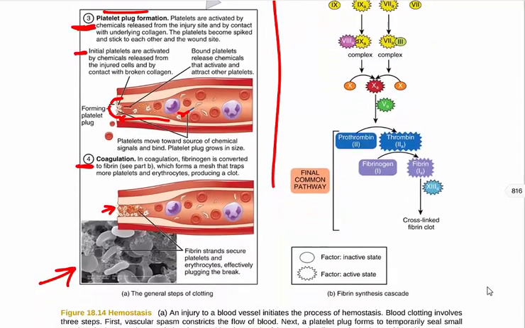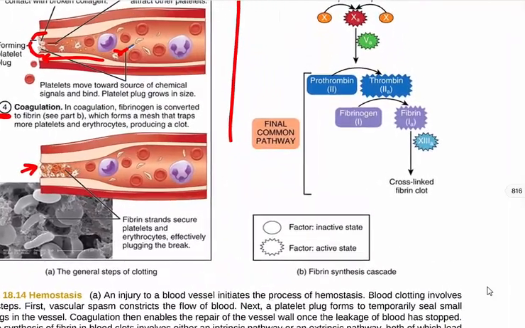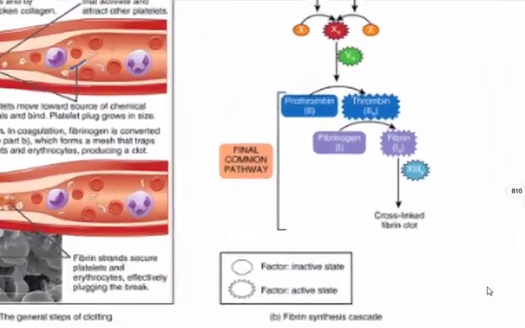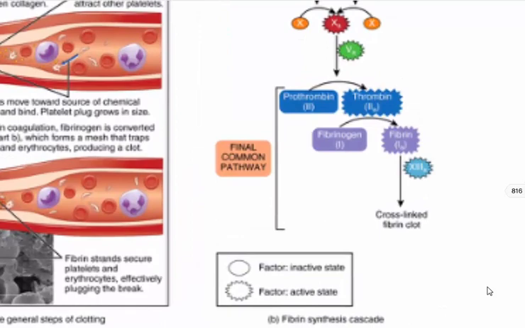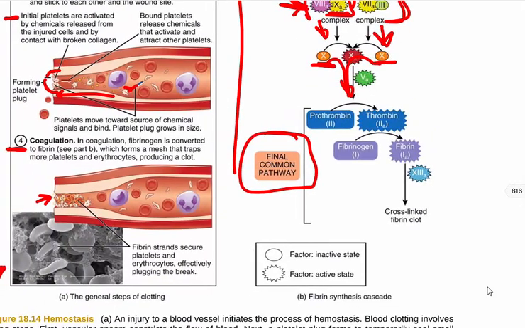Then, if we look at our common pathway, activated by the intrinsic and extrinsic pathways, our thrombokinase is going to move into our common pathway.